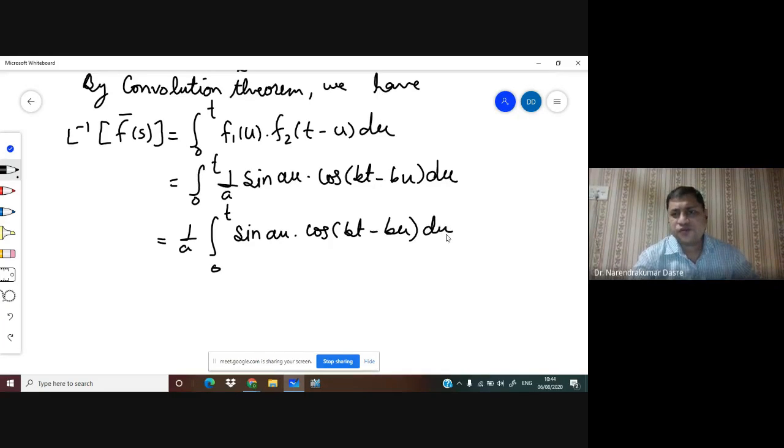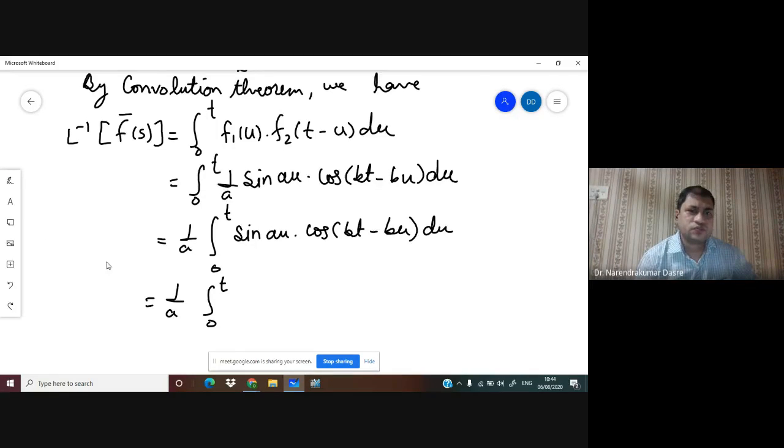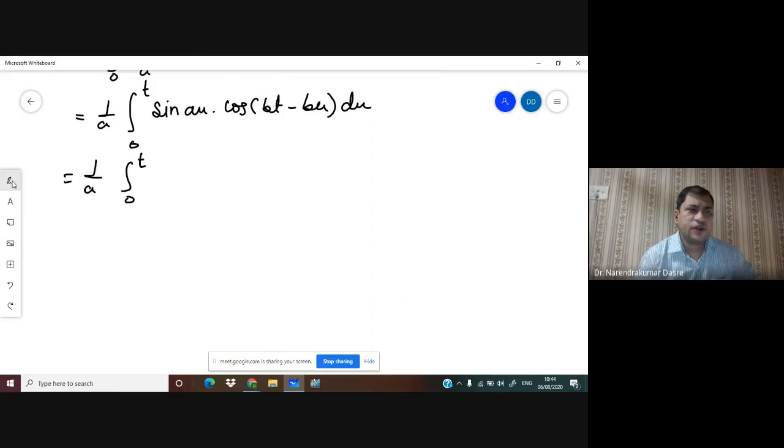So we can use a formula. What is the formula for this? We have the term sine into cosine.